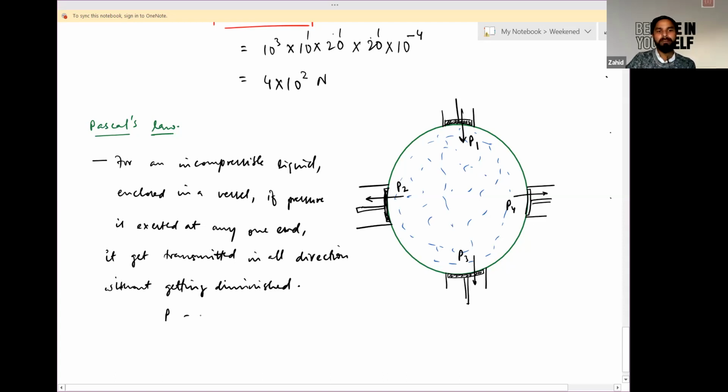It means pressure at first, second, third, fourth should be equal.